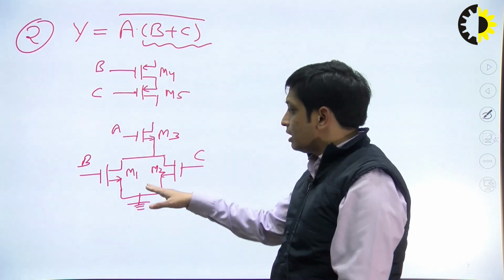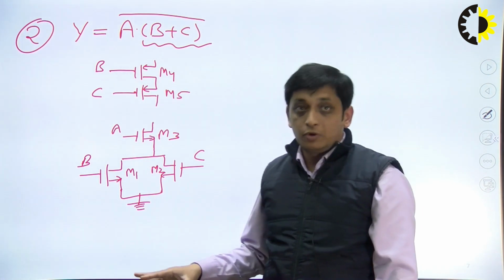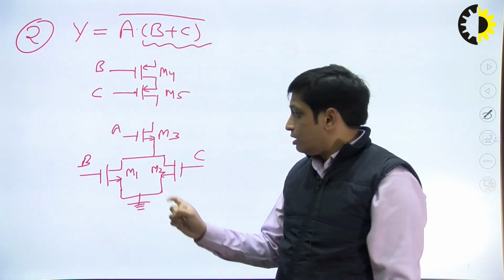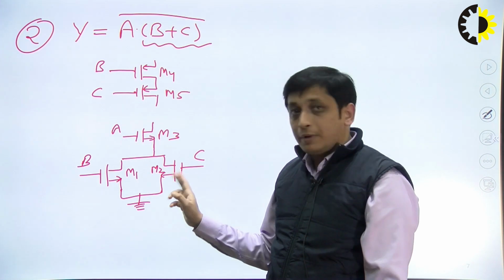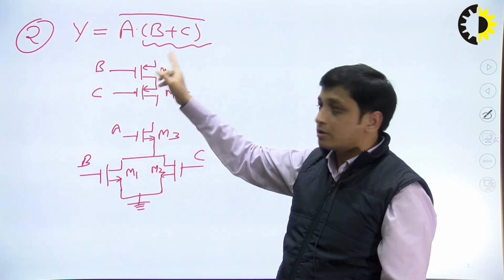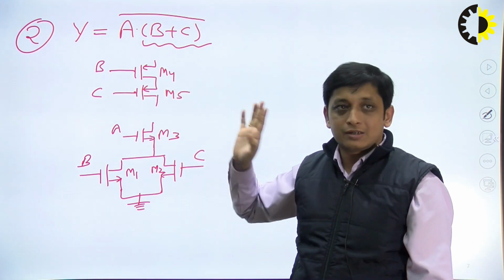So here you can see in the pull down network, the B and C input NMOS transistors are in parallel, but in the pull up network, B and C input PMOS transistors are in series.